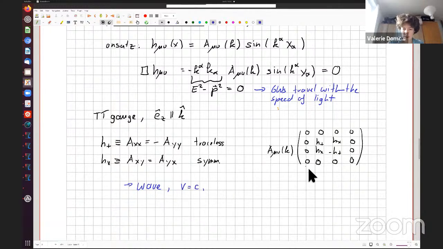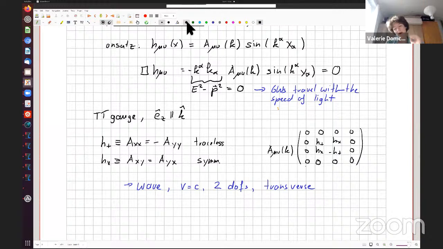We derived it beforehand just by counting how many degrees of freedom we started with and how many we removed. But here we see very explicitly that we only have 2 degrees of freedom left. And we also see that it is transverse, meaning that the directions parallel to the z-axis are 0.